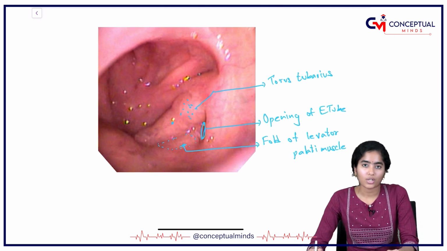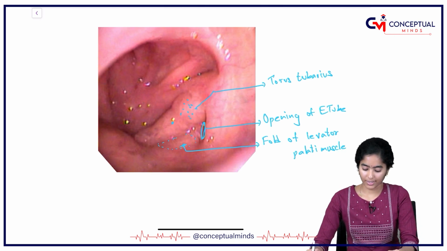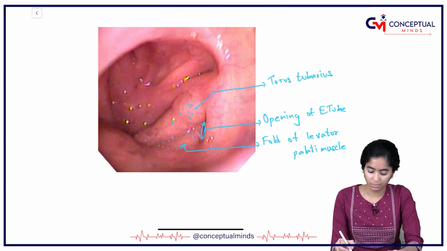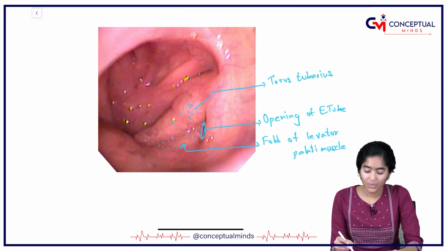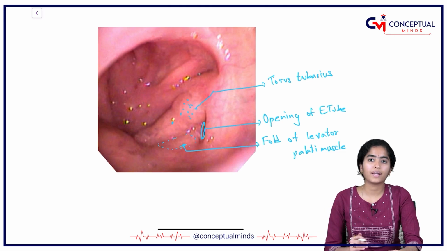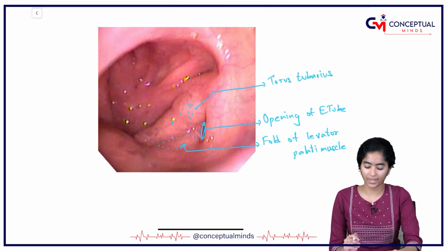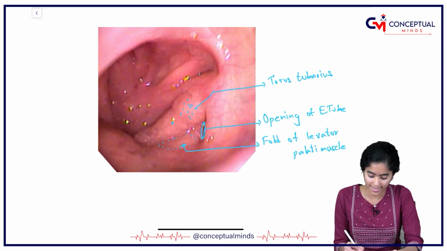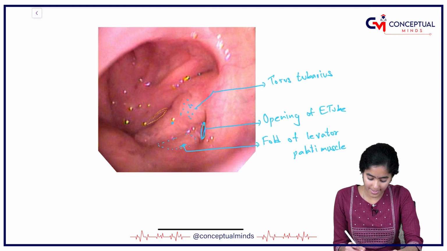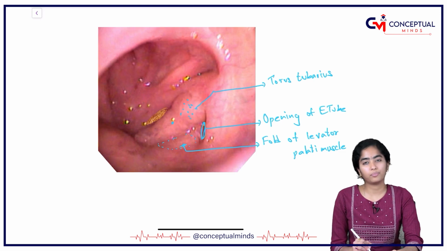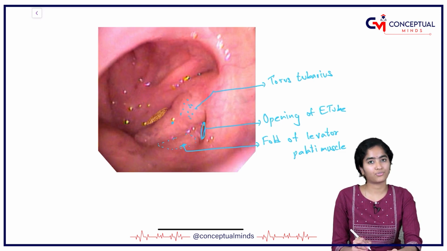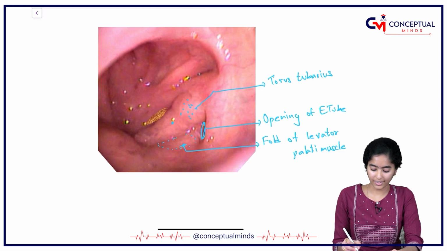There is another important structure that we need to identify, that is fossa of Rosenmuller. I told you it is kind of hidden behind the torus tubarius, posterior to the torus tubarius. Here behind this is the fossa of Rosenmuller, the most common site for nasopharyngeal malignancy.